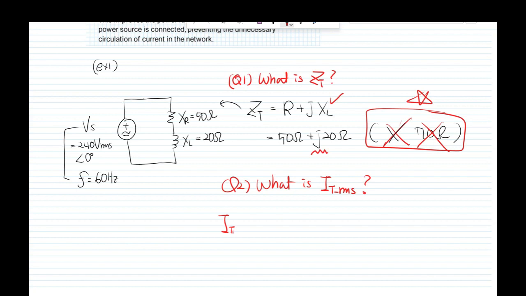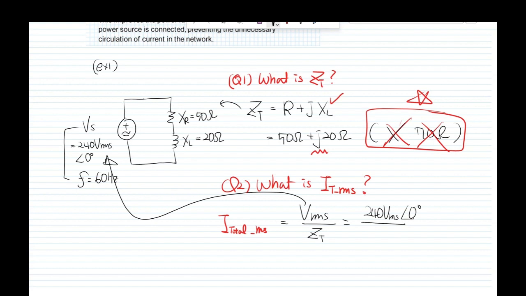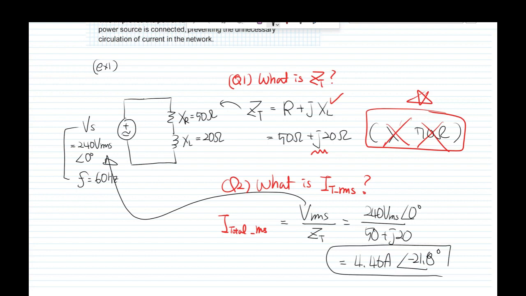I sub total RMS is V sub RMS divided by Z sub T. V sub RMS is the source voltage, 240 RMS at 0 degrees, divided by Z sub T. After skipping the calculations, that is 4.46 A at minus 21.8 degrees. That is the total current, I sub T.